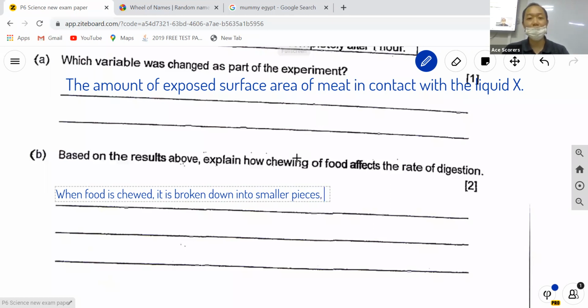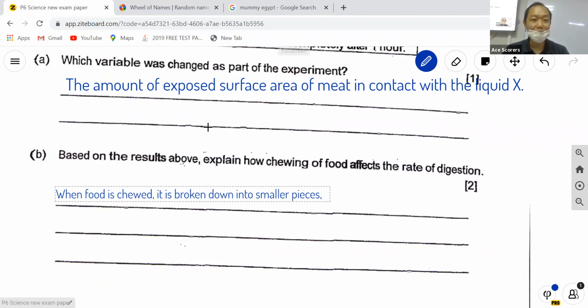You break it down into smaller pieces, so the food can be exposed. Very close. The food is exposed now.